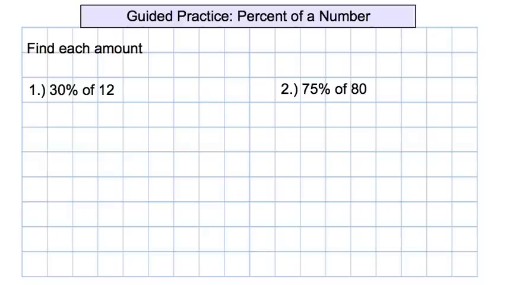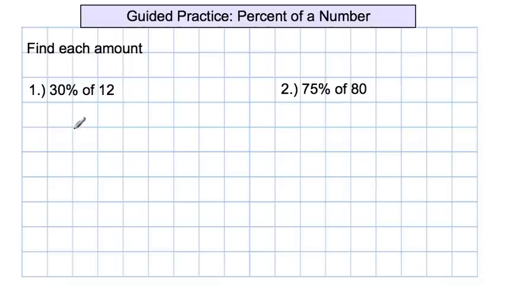All right, so here's our guided practice. First problem is 30% of 12, and find that amount. You're going to end up with a number. It's going to be less than 12 because 100% of 12 is 12, and so it's going to be somewhere between 0 and 12. If 50% of 12 is 6, which is half, it's going to be less than 6 somewhere, right?